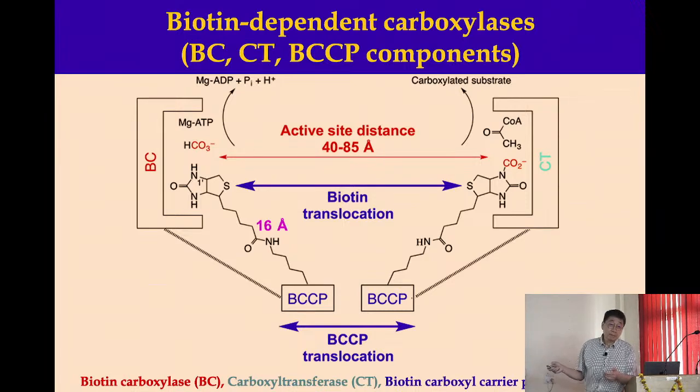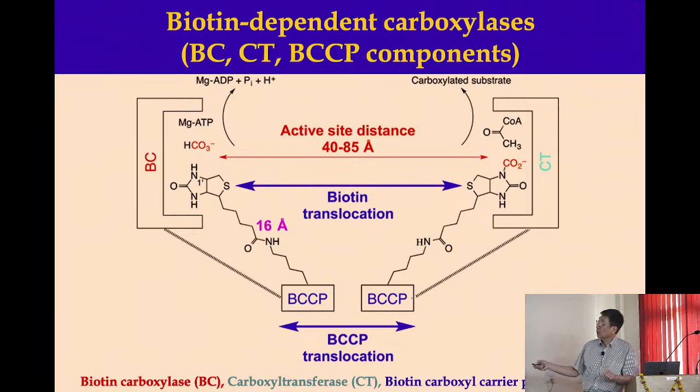So the first reaction is, as I said, biotin is a CO2 carrier. So you need to put the CO2 onto biotin. And the CO2 goes onto the N1' position of the biotin. And that's done using bicarbonate as a CO2 donor, and it also requires ATP hydrolysis.